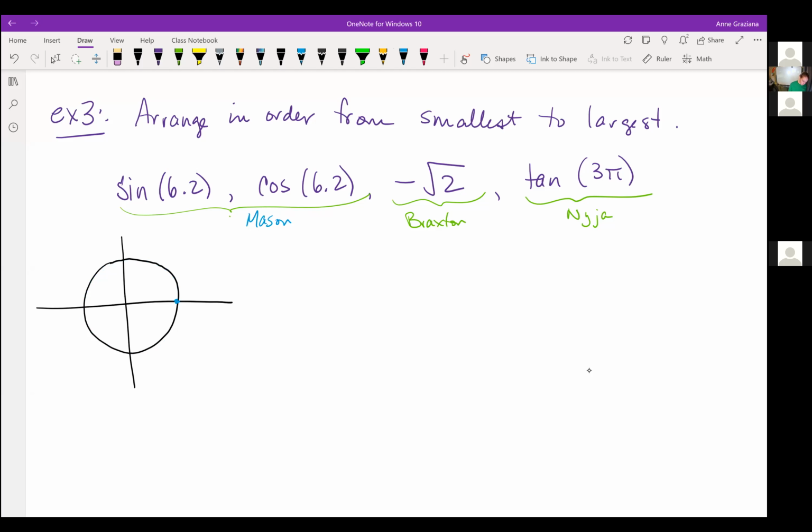Oops, I went off my circle. Sorry. It's all kind of merged and hard to see. Okay, let's undo that. I'll use the highlighter. Maybe the highlighter will be better. Okay, ready?